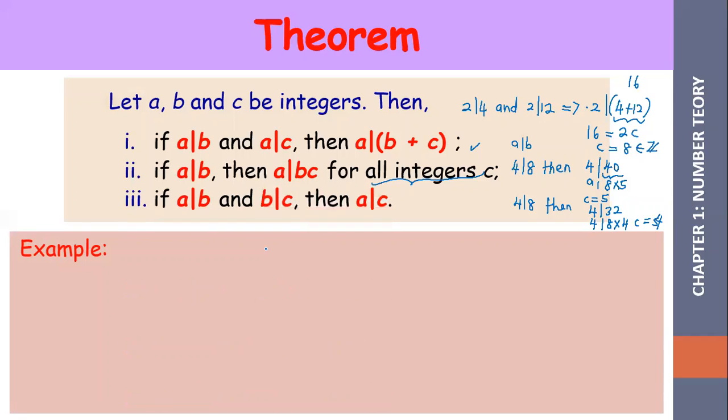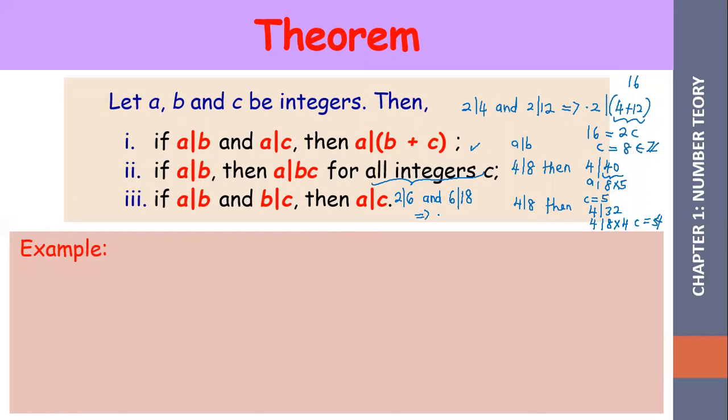And the third theorem is, if A divides B and B divides C, then we can say that A divides C. For example, I use the smallest value. So 2 divides 6 and 6 divides 18.